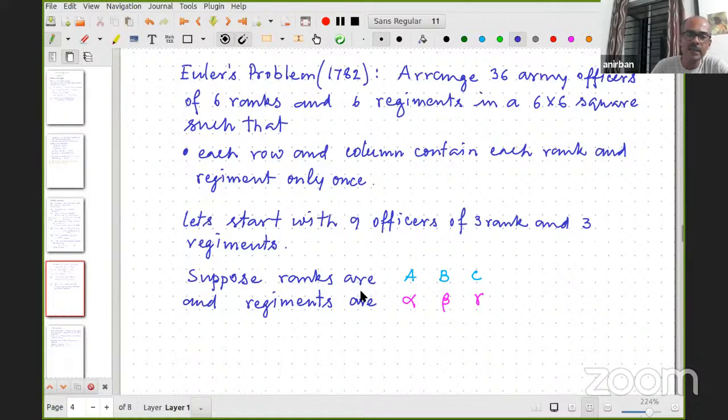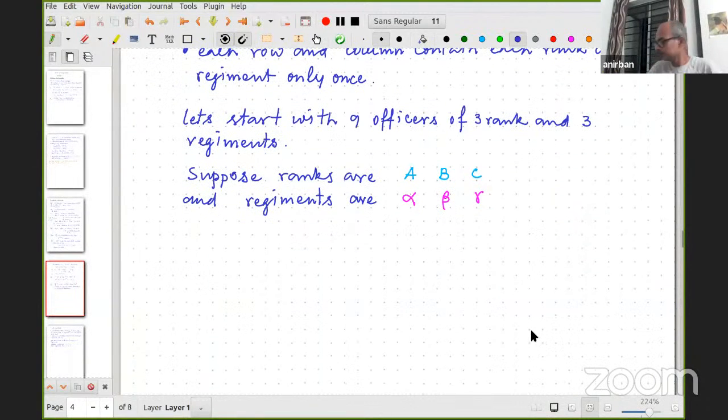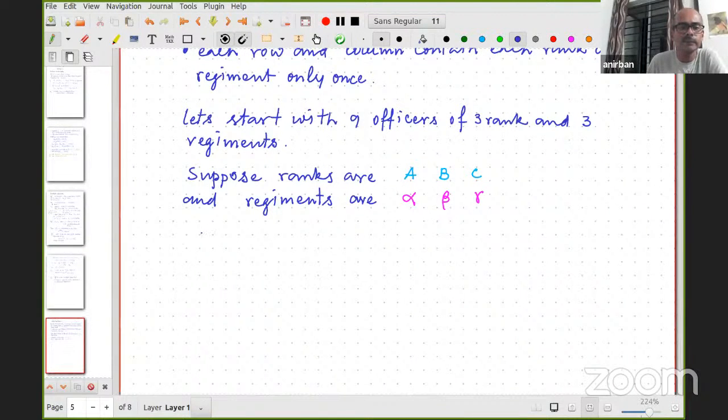Suppose the ranks are A, B, and C, and regiments are alpha, beta, and gamma. So what we want to do is the following. We arrange them by rank first. So let's arrange the ranks.